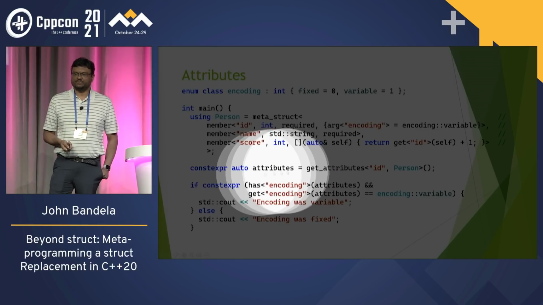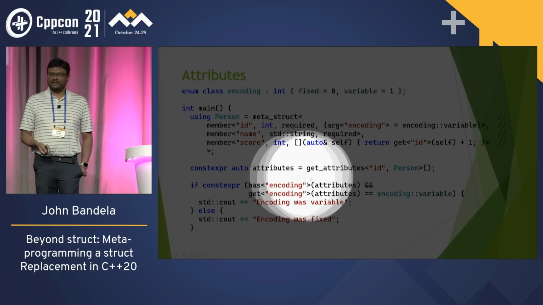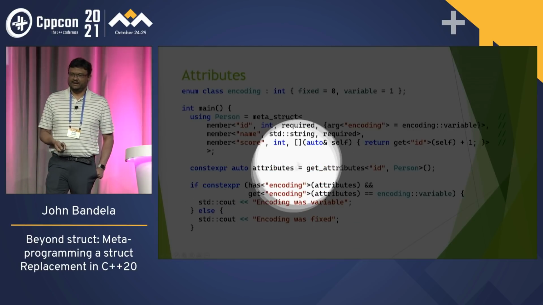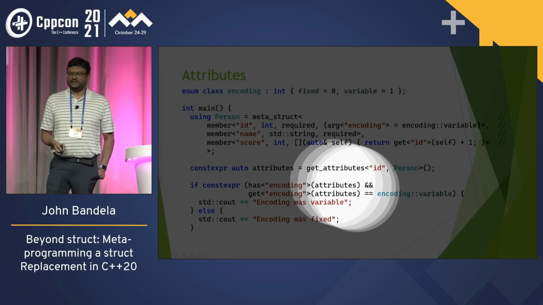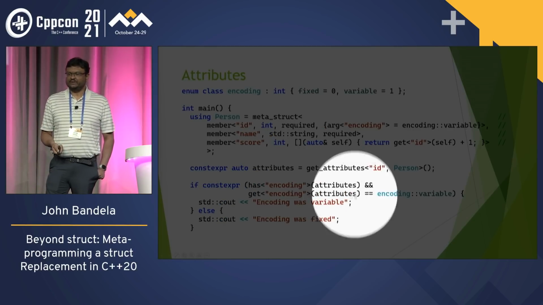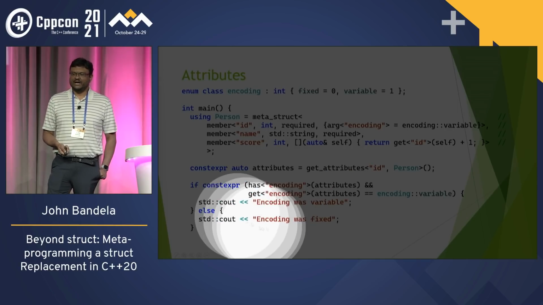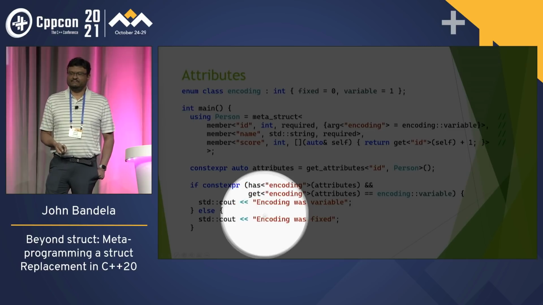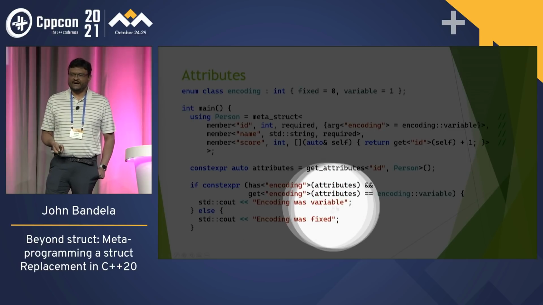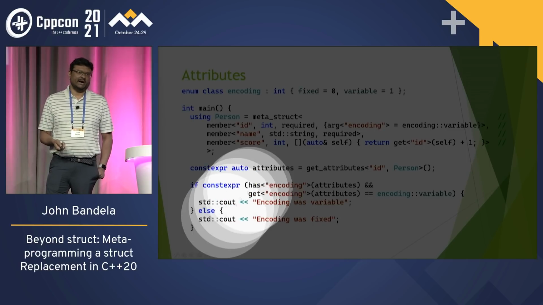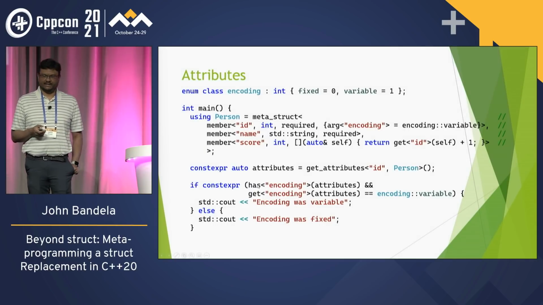And we get a context for attributes. Then we can query, does it have an encoding attribute? And what's the actual encoding attribute? If it's variable, we can say the encoding was variable. Otherwise, the default encoding is fixed, and this is all happening at compile time, based on what we specified.